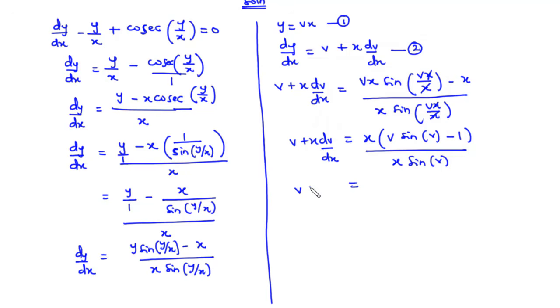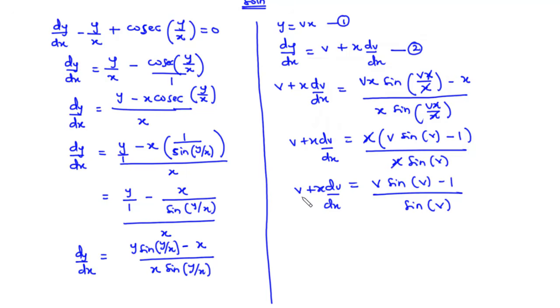So we have v plus x dv dx equals, x cancels out x, we are left with v sine v minus 1 all over sine v.